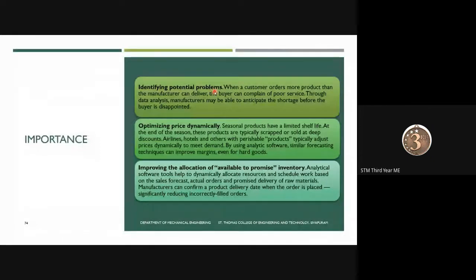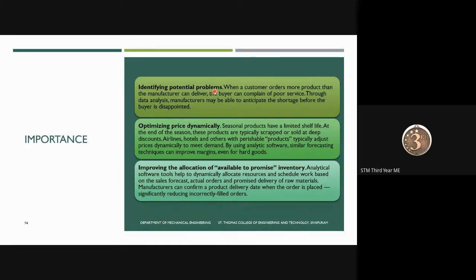Potential problems come from the production cycle. During the production cycle, there will be problems. We have already discussed the various wastes that are included during manufacturing. There may also be problems from the customer itself. That means if the product is not functioning according to the customer's objectives, that is also a problem, right?